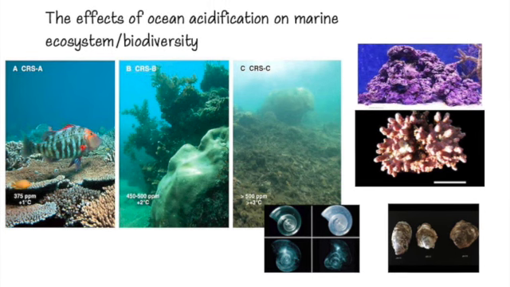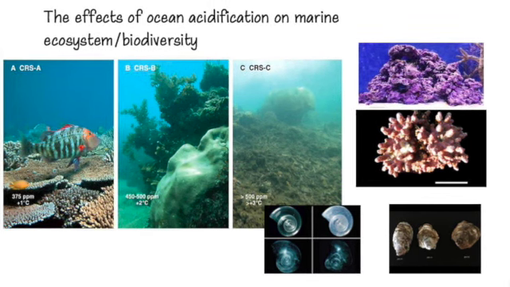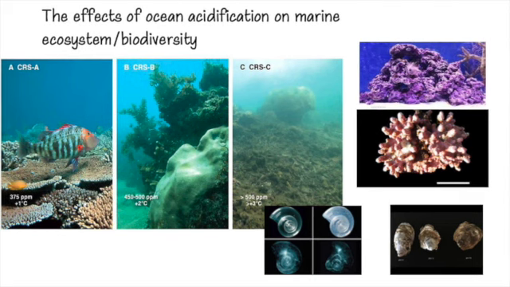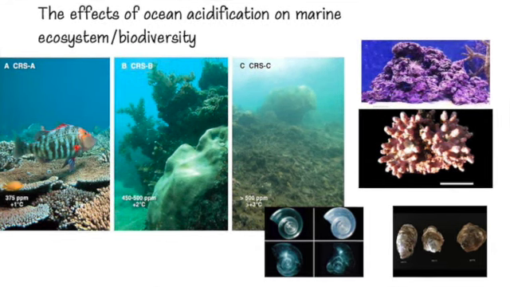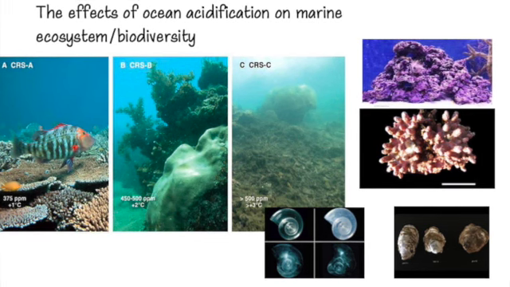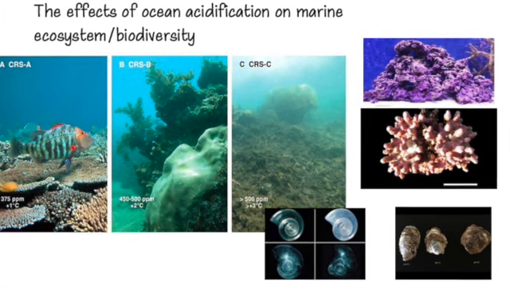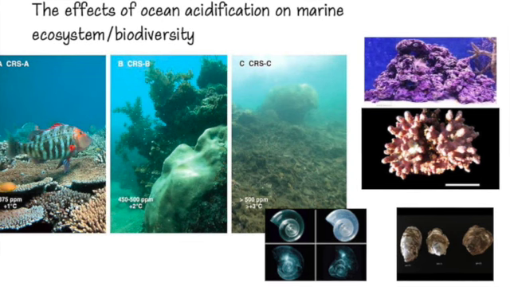When seawater becomes more acidic, the calcification rates of coral reefs and coralline algae begin to decline, which in turn will dissolve and slow the growth rate of calcium carbonate on corals.